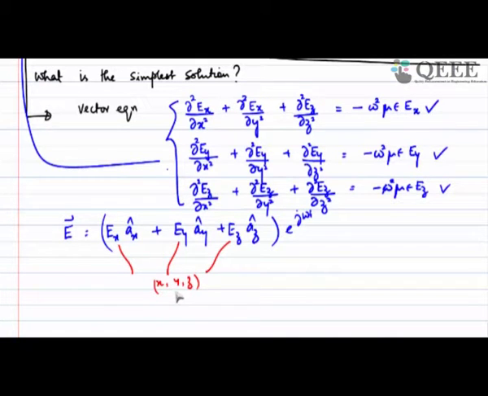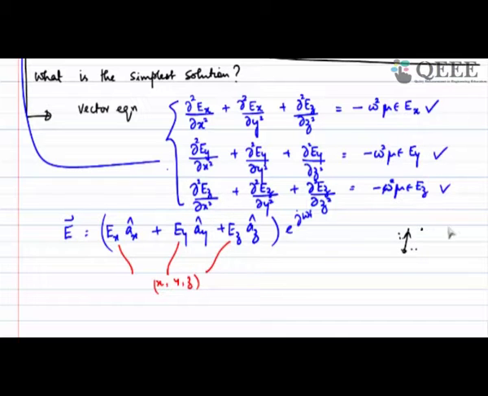It's complicated, isn't it? It's not very complicated. It just tells you that if I pick a point in space, at that point the E vector has three components, some x component, some y component and some z component.